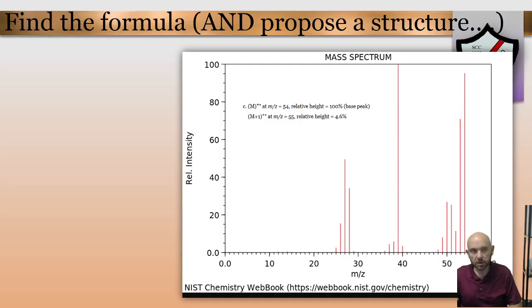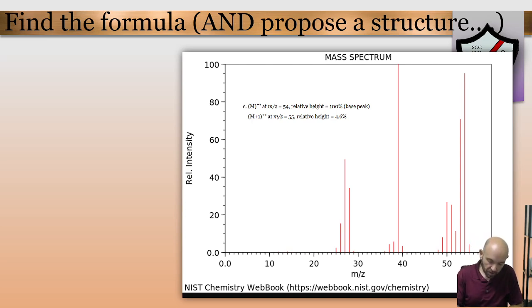So we know in this case the molecular ion plus 1 peak has 4.6 relative to the molecular ion peak. So we can skip directly to the calculation where we divide by the fact that all carbons have a 1.1% chance of being a carbon 13.